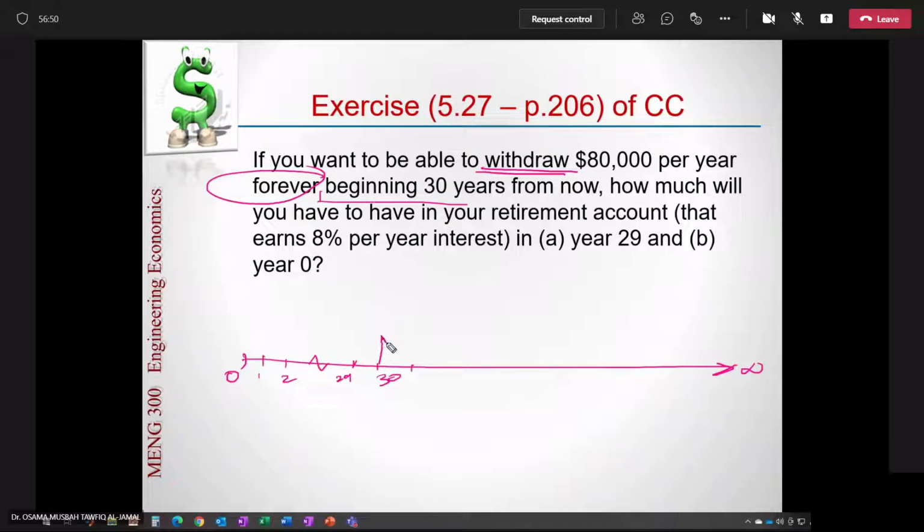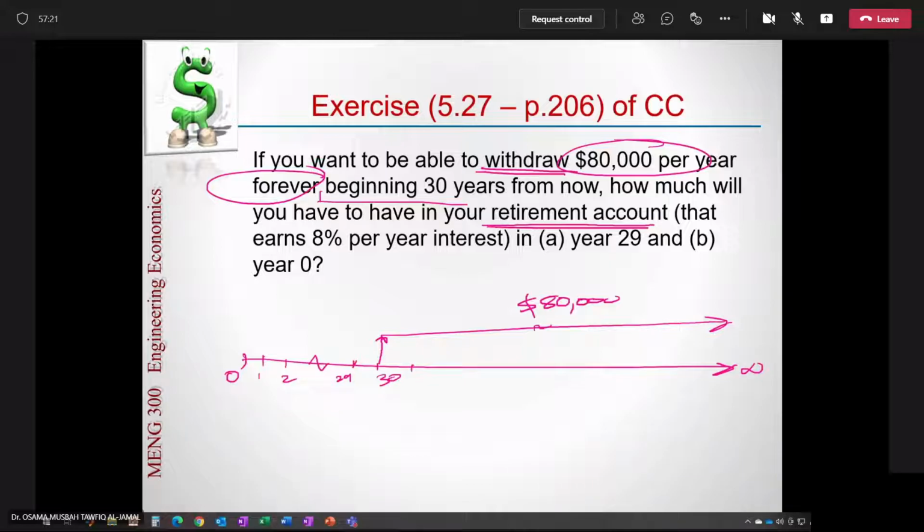From year 30 onward to infinity, I can withdraw 80,000 per year, starting from year 30, or beginning 30 years from today.